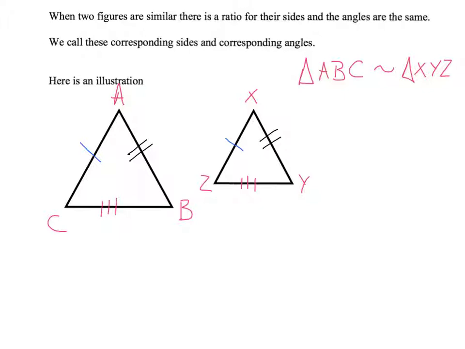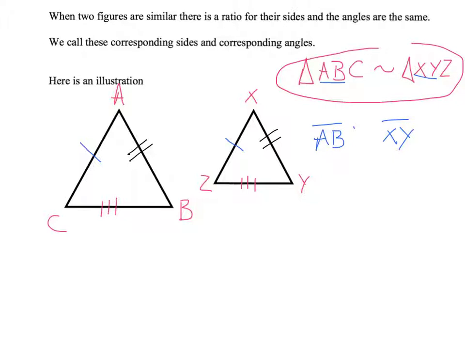We can also tell this by looking at the order of letters in our mathematical phrase about being similar. Notice AB is the first two letters. That would correspond with XY. So side AB corresponds with side XY.